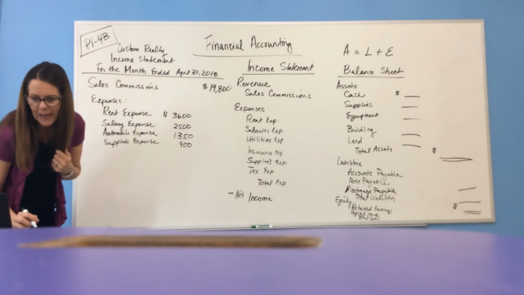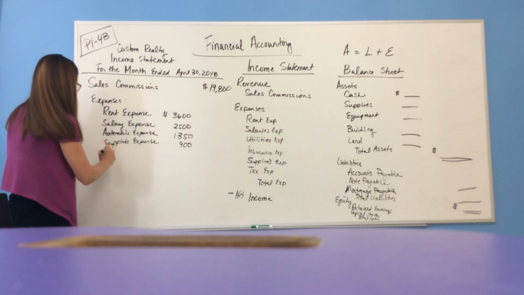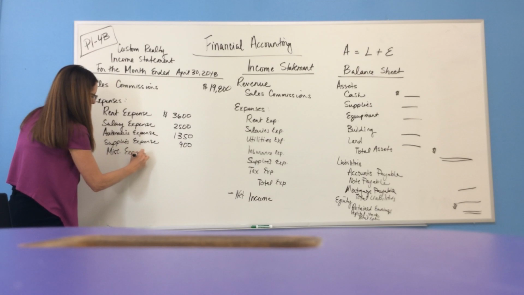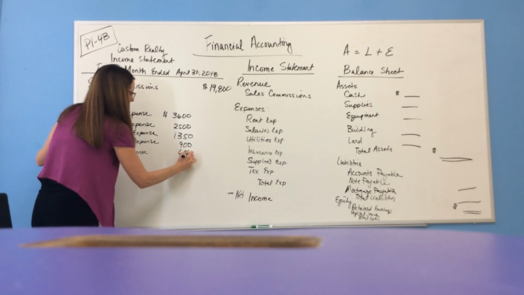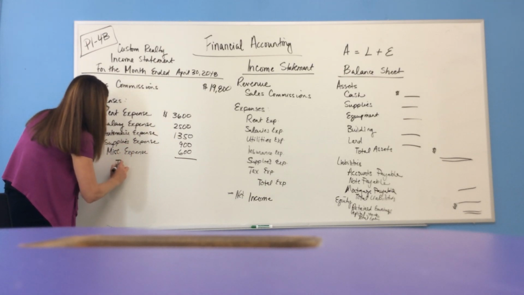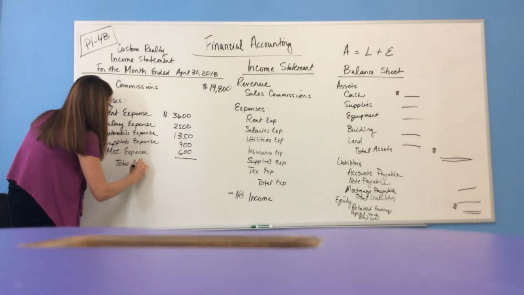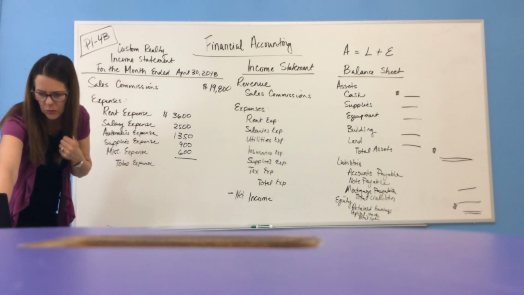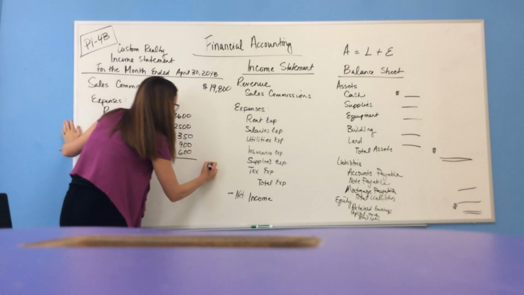And then last I have a miscellaneous expense for 600. I'll abbreviate that. Okay, I'm going to add that up. I'm going to have a total expense. I'm going to add that up and actually move it over. My total expense is $8,950.